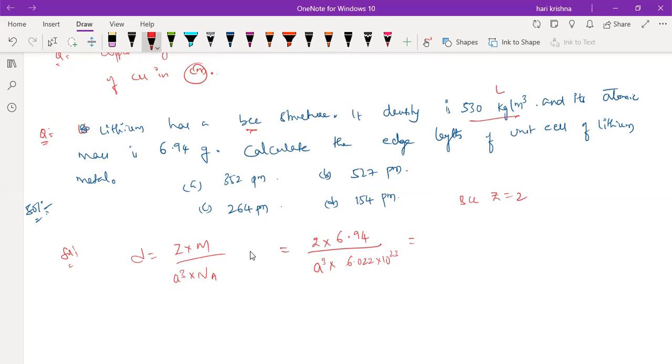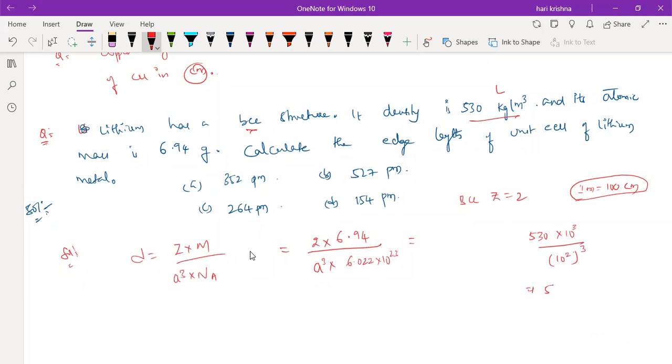But we don't want kg per meter cube, right? We want it in grams. So 530 into 10 power 3 by meter cube to centimeter cube. 1 meter is equal to 100 centimeters, so 10 power 2 whole cube.